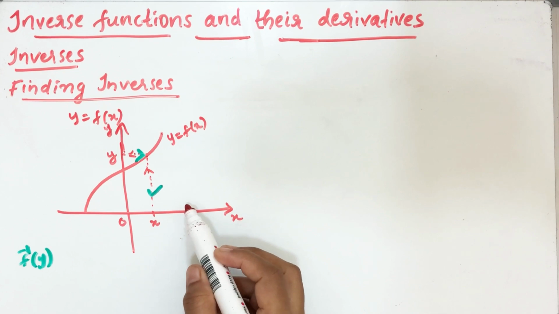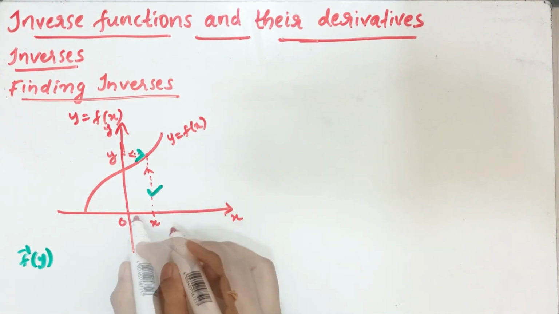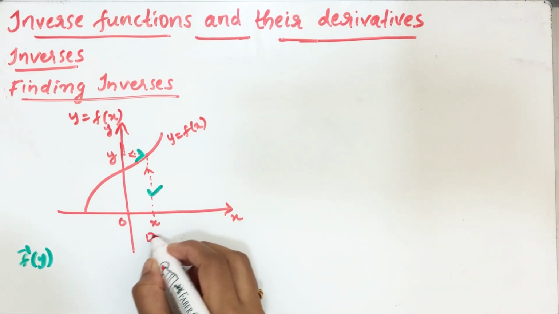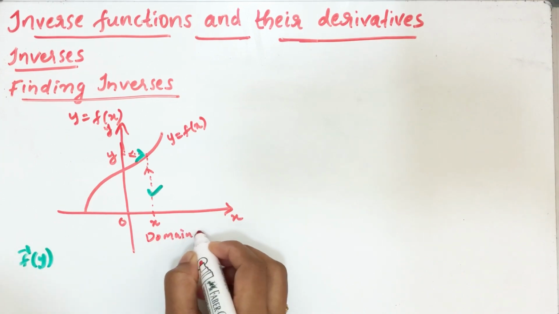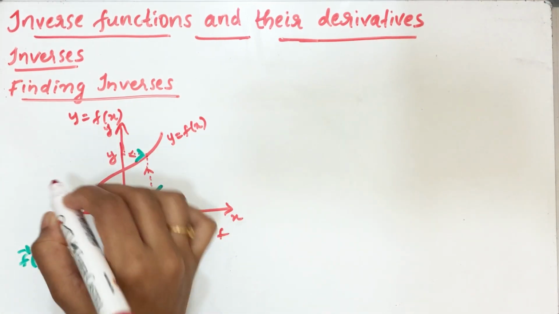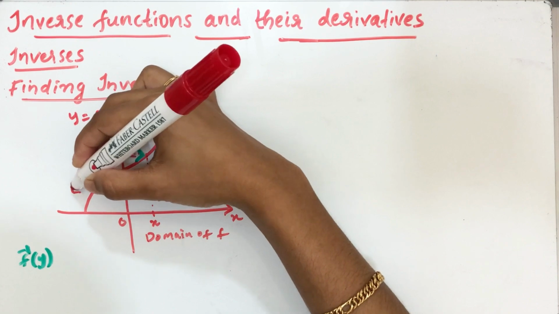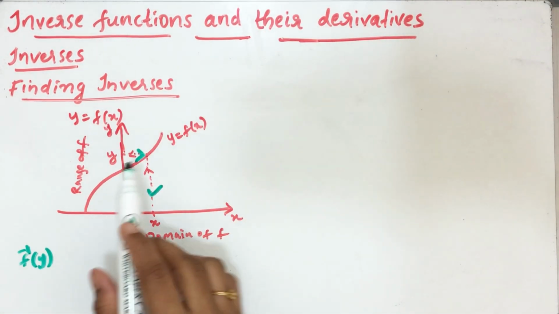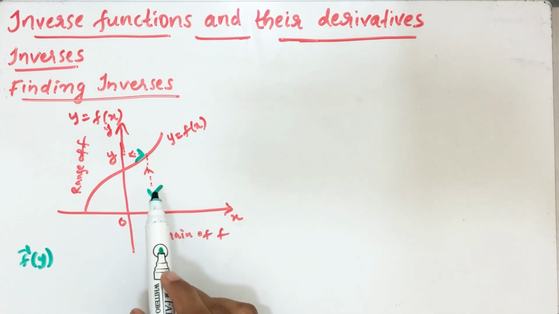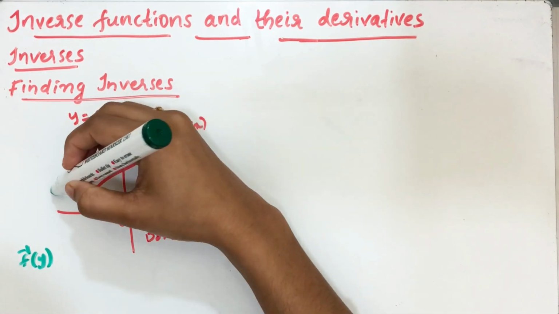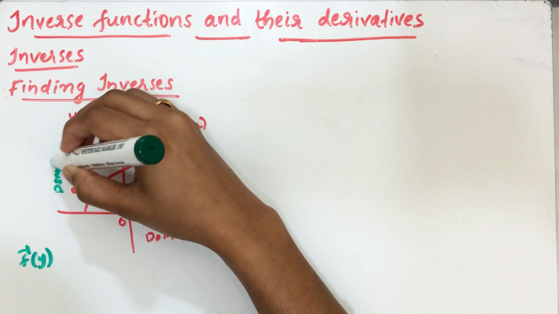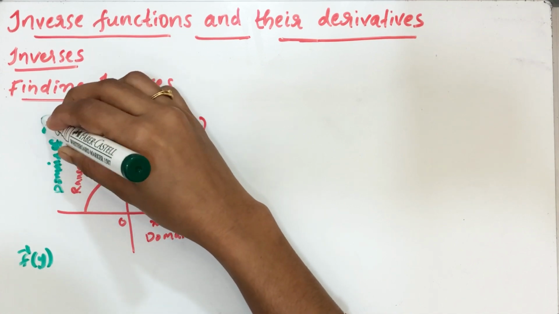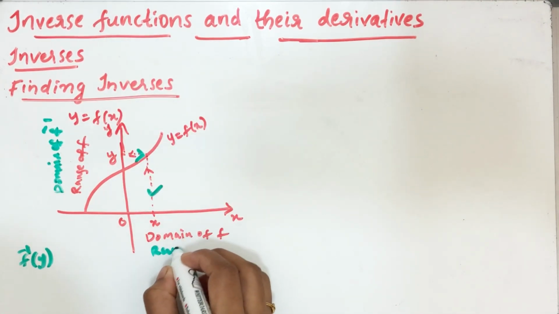Consider the function f, that is y equal to f of x. Then this is the domain of f and this is the range of f. While considering the function f inverse, this will become the domain of f inverse, and here the range of f inverse.